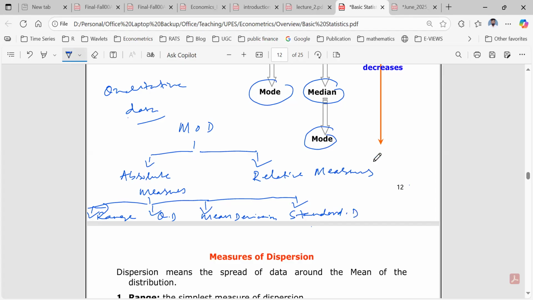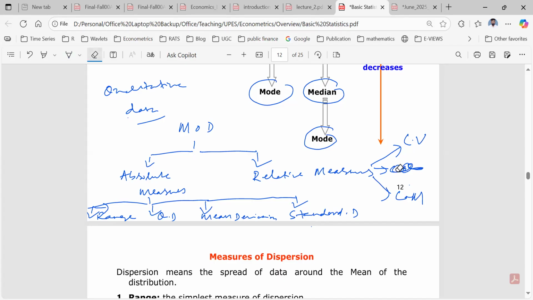And relative measures of dispersion, what are they? First is coefficient of variation. Then coefficient of quartile deviation, CQ. Third one is coefficient of mean deviation, CM.